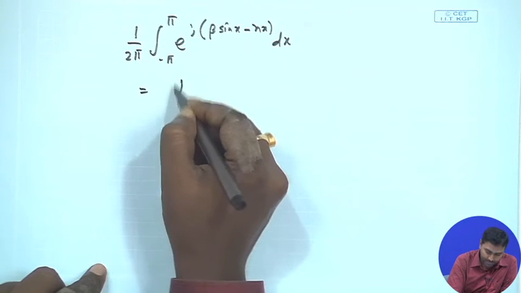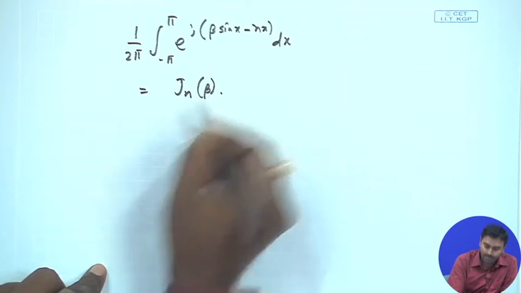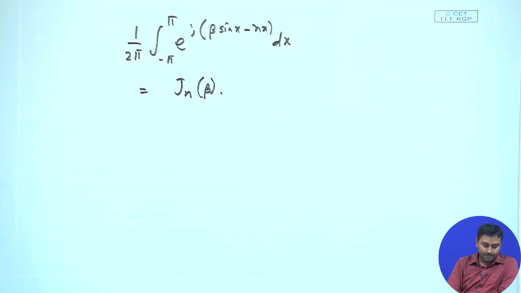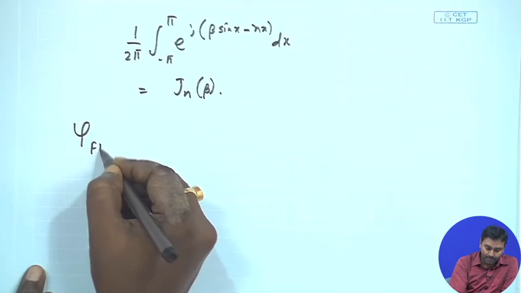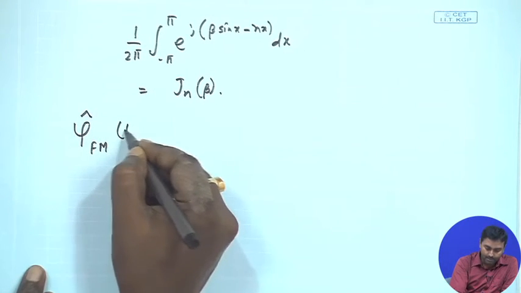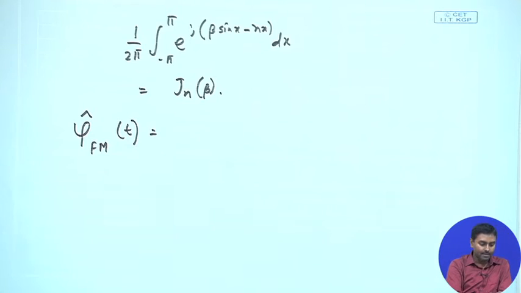This can be written as J_n(beta). So, this particular integral I can write as J_n(beta), right. So, immediately what happens to my representation of phi_FM(t)? This d_n can now be represented as this.